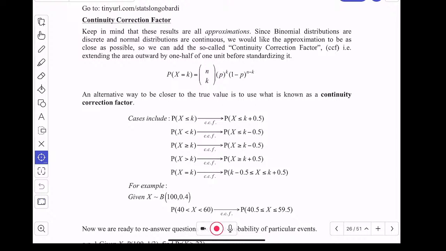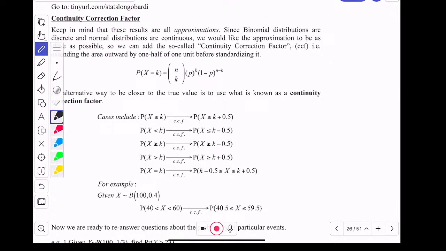So what we're going to do is make adjustments. Let's say that we want the probability. Let's refer to the ones that we already did, like x greater than 23.